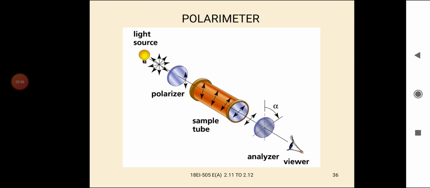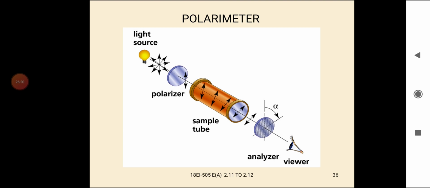where the sample to be analyzed is placed in the sample holder or tube. When the polarized light passes through the sample, it interacts with the sample.